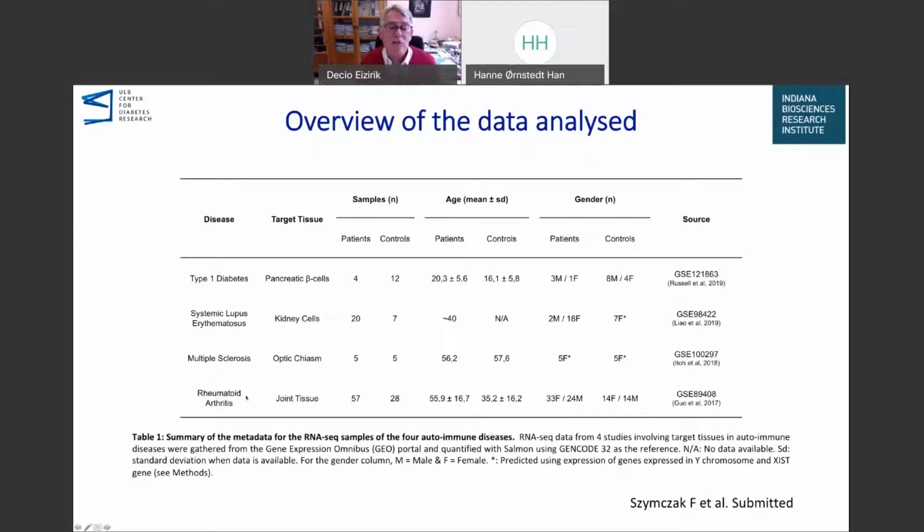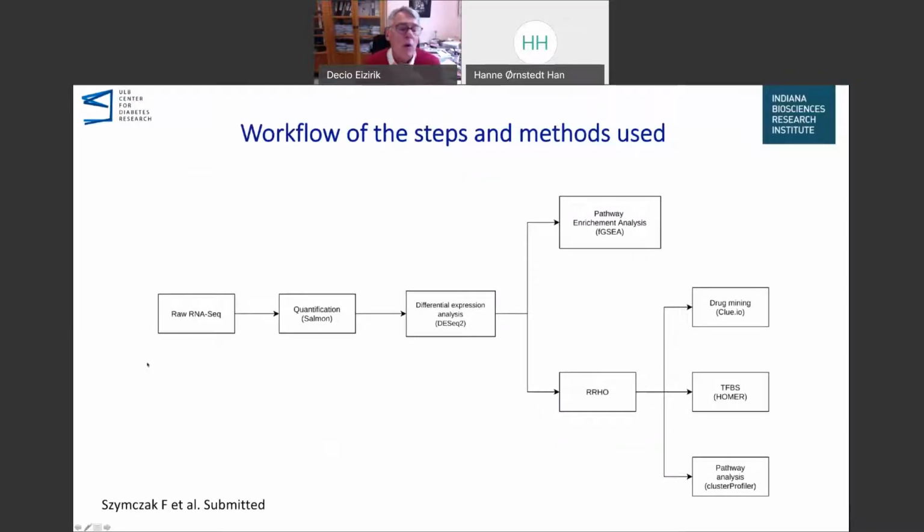And for rheumatoid arthritis, where it's much easier to make biopsies, there were a much larger number of patients and controls, 57 and 28. So, as I told you, we were able to retrieve all the raw RNA-seq data.